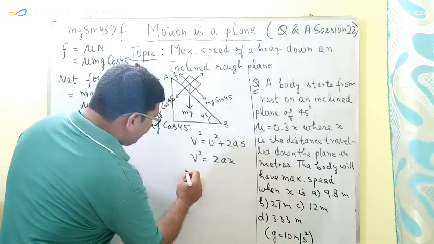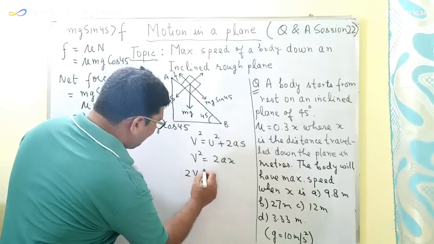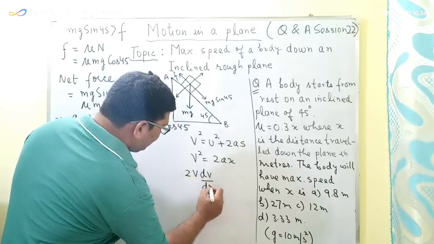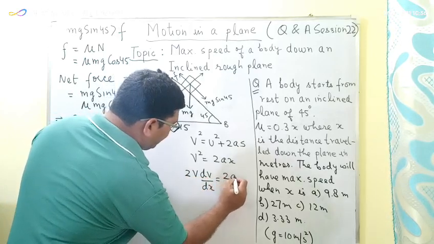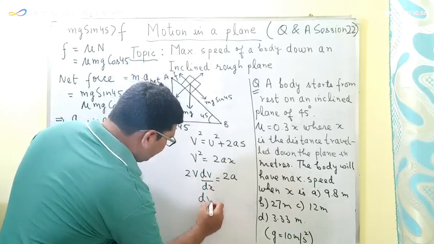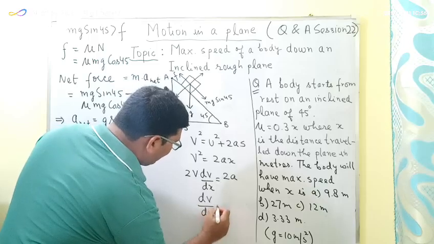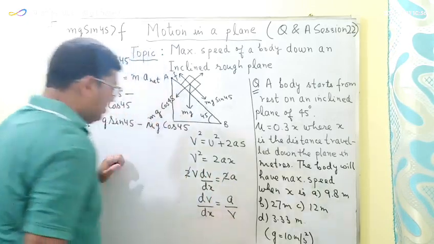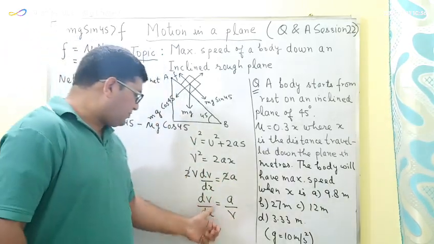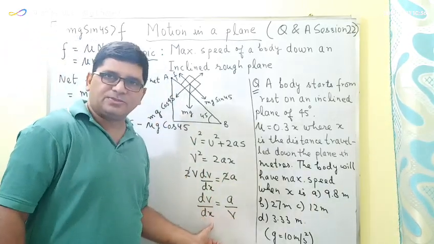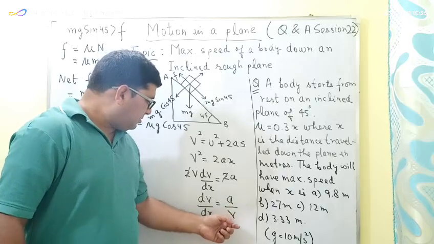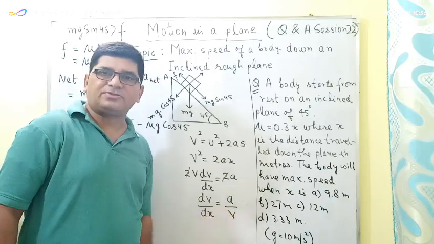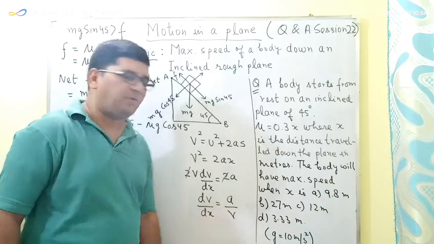If I differentiate with respect to x, I get 2v dv/dx equal to 2a, or simply dv/dx is equal to a/v. When the rate of change of velocity with respect to x is 0, the velocity has attained the maximum speed.